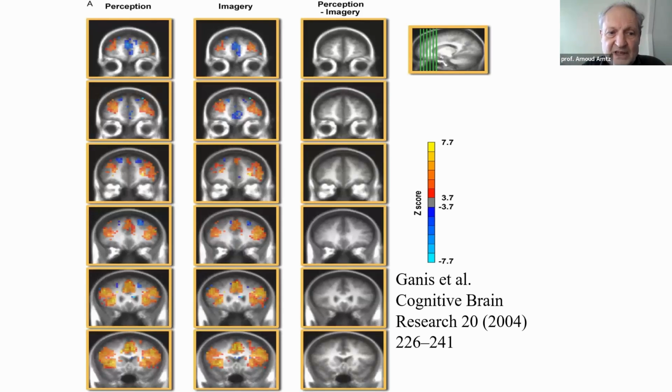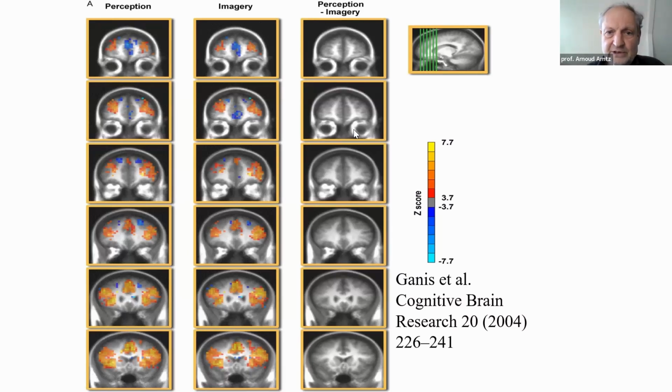This is fMRI scans from people that lie in the scanner and either saw an object projected on the screen in the scanner, and here you see the activation. If it's orange and red and yellow, it means activation. If it's blue, it's reduced activation. And you can compare it to the situation where the participants imagined seeing the same object, so did not see it in reality.